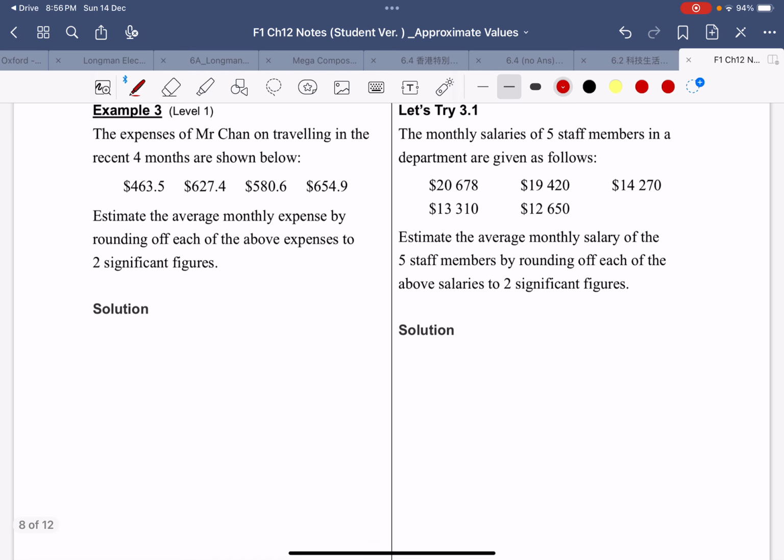So you're going to do the average of these 4 numbers first. So what is the average? The process is the average monthly expense. Okay, I'll just leave the monthly expenses. Become very lazy, I think. And then monthly average expense will be adding up the 4 numbers and then dividing by 4.